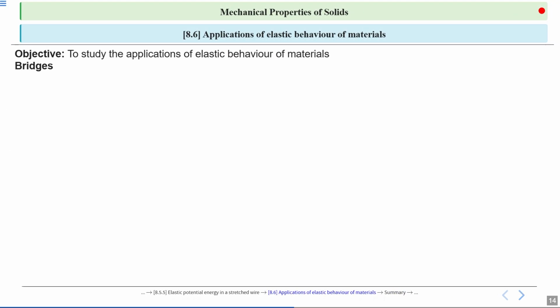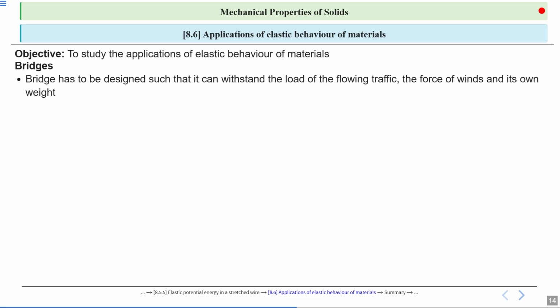Now, let's talk about bridges. Bridges are a great example of how we use the elastic properties of materials in engineering. When we design a bridge, we need to make sure it can handle different forces without permanently bending or breaking. So, bridges have to be designed such that they can withstand the load of the flowing traffic, the force of winds, and their own weight.